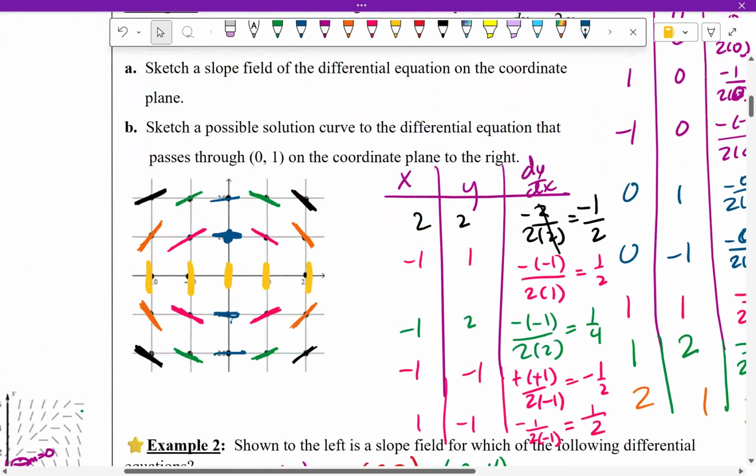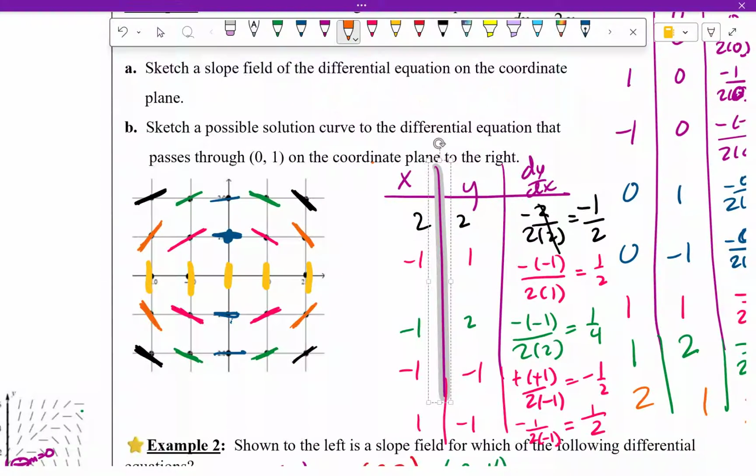Let's go back to B. It says that we sketch a possible solution curve to the differential equation that passes through 0, 1. So I'm going to draw that point out 0, up 1. So it's actually this one here that I had sketched already. And then I just follow the curve.